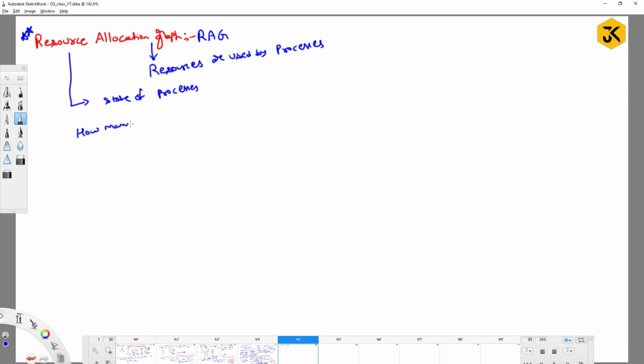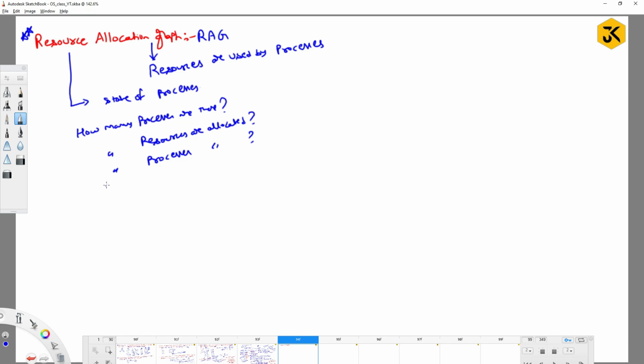how many processes are there, and how many resources are allocated. We can simply define how many resources are allocated, how many processes are allocated for the resources. Like that you can solve various kinds of questions.